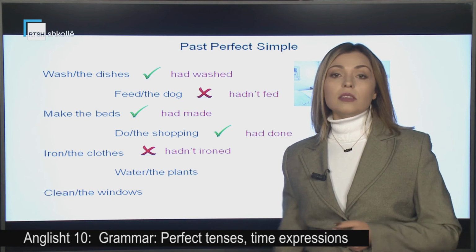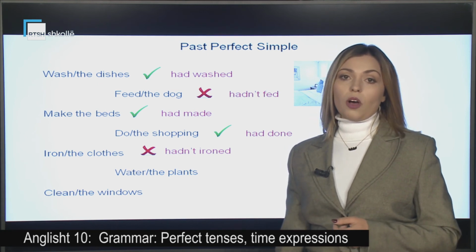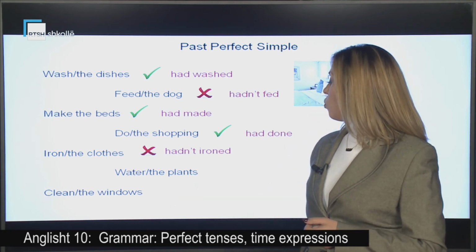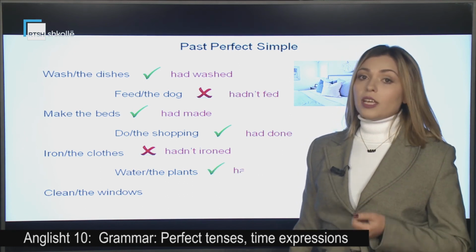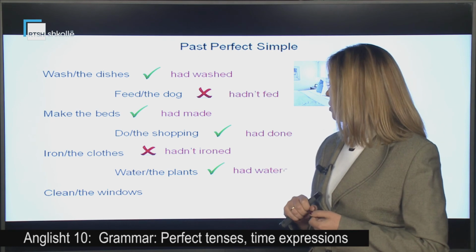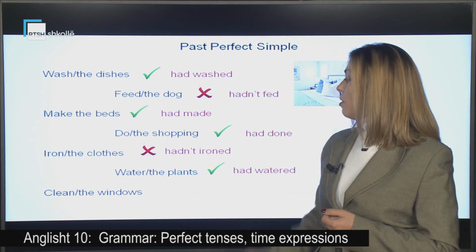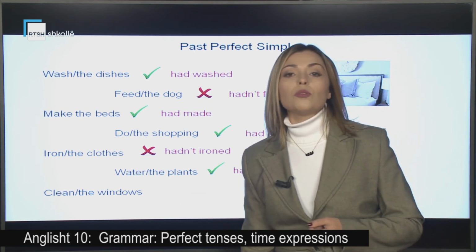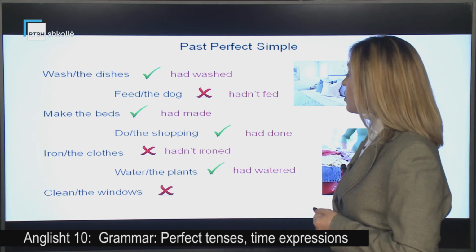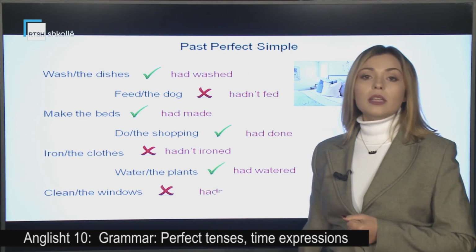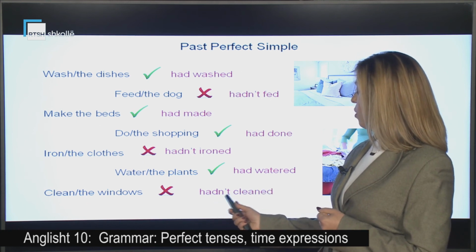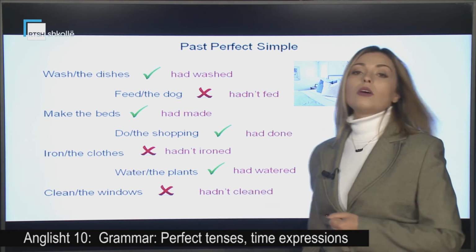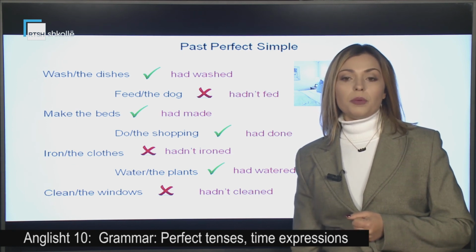Actually, she hadn't ironed the clothes. Water the plants. Yes, she had done that, so she had watered the plants. And the last one, clean the windows. Let's see. No, she hadn't cleaned the windows. So had, negative form, and ed because it is a regular verb.